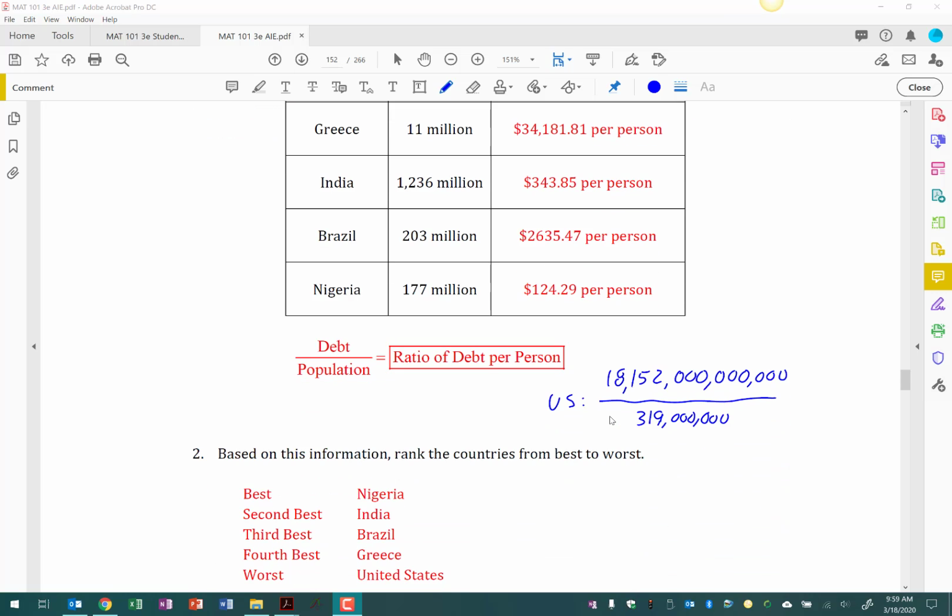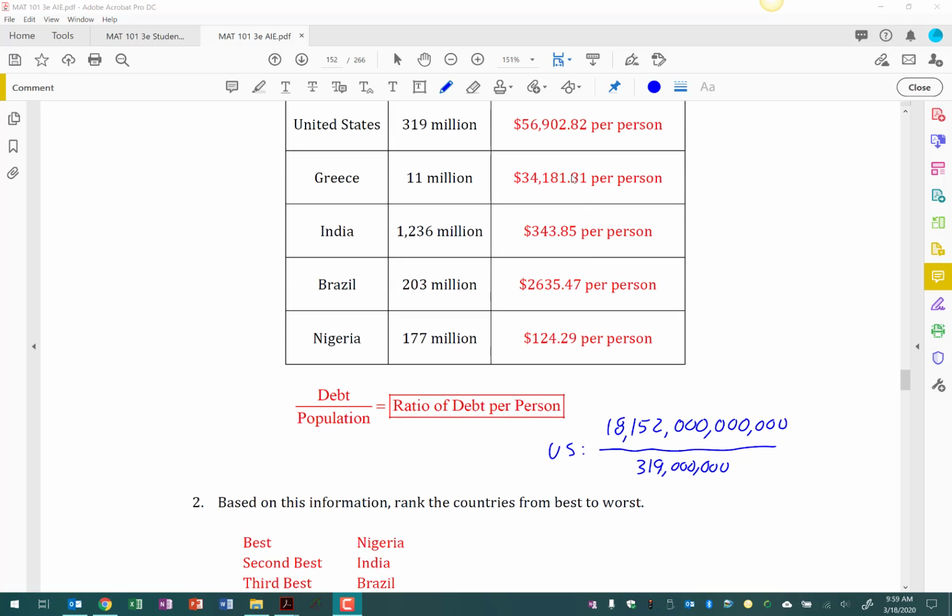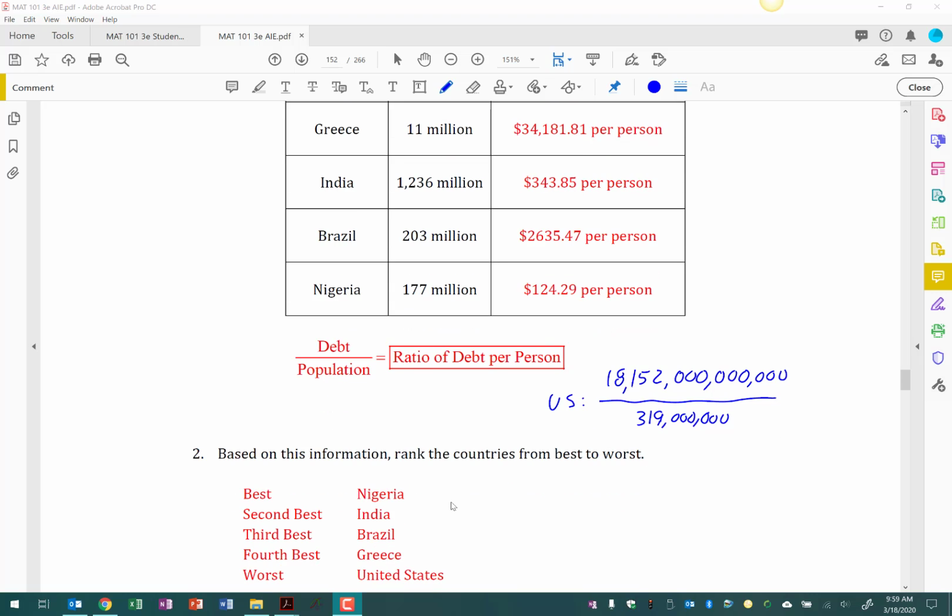Once we have those numbers, we're asked to rank the countries again from best to worst, and we're going to assume once again that the lowest debt per person is the best. So Nigeria has the lowest debt per person at $124.29 per person. India comes next, followed by Brazil, and then we see Greece, and then the United States has the largest debt per person. This is a different ranking than we saw on the previous page.